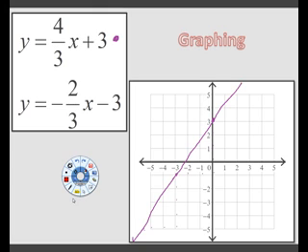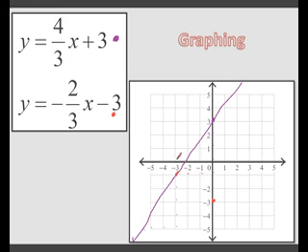Now I need to graph my second one. I'm going to use red for it. So we're going to begin this one at negative 3. And the slope this time is negative, meaning it's going to fall as it goes from left to right. So to demonstrate that, I'm going to go up 2. And this time I'm going to go to the left 3. Put my dot there.